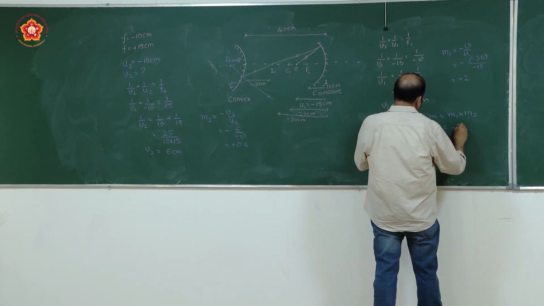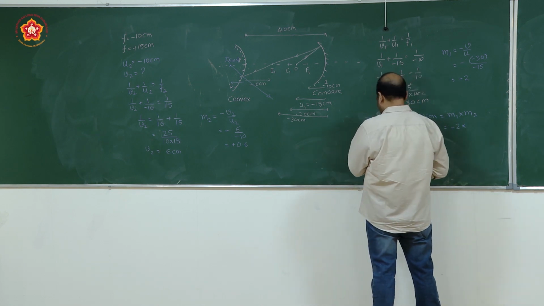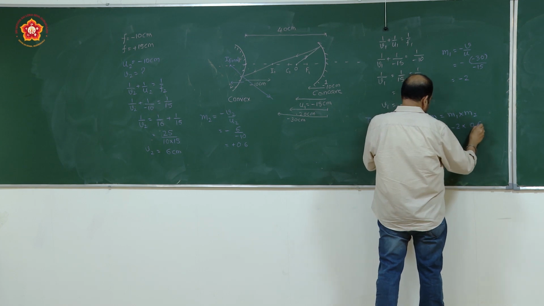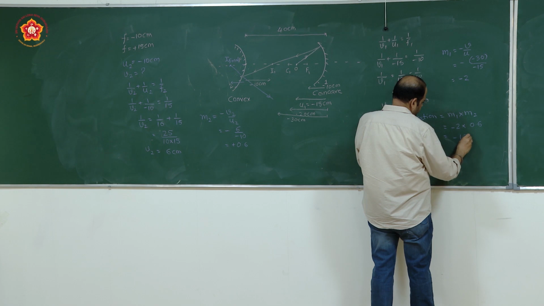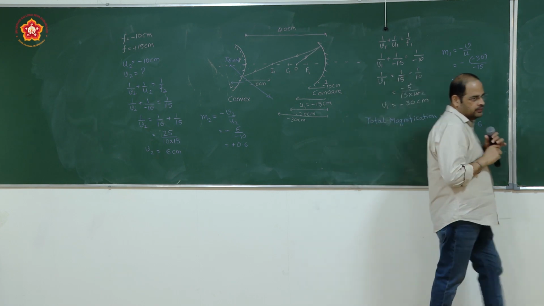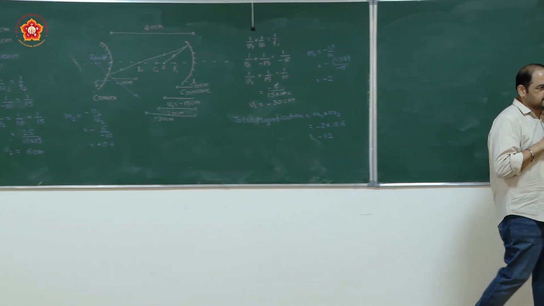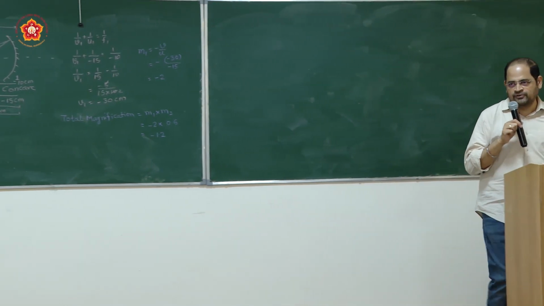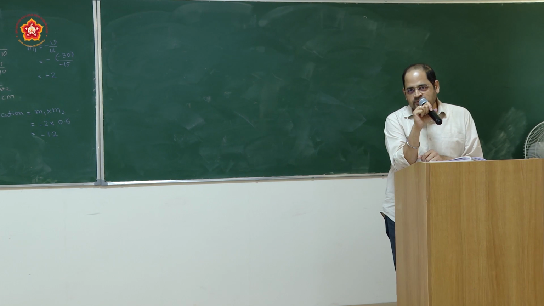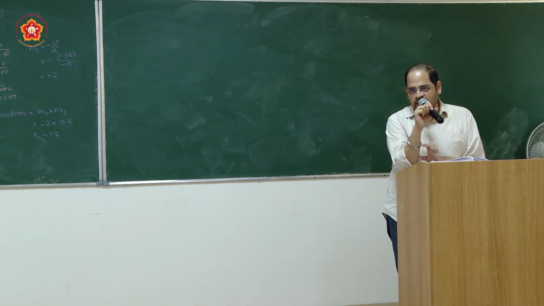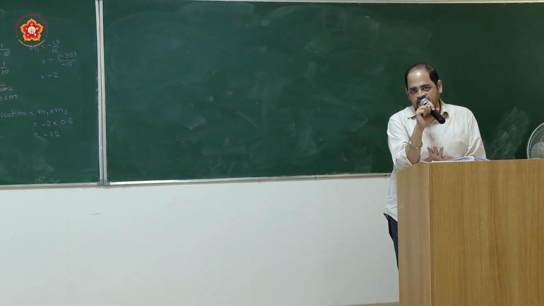So this is minus of 2 multiplied by 0.6. So magnification would be taken as minus of 1.2. So negative sign is telling you that it is a what type of image? Now it's a point object, but still negative sign is telling you that it is an inverted image, right?